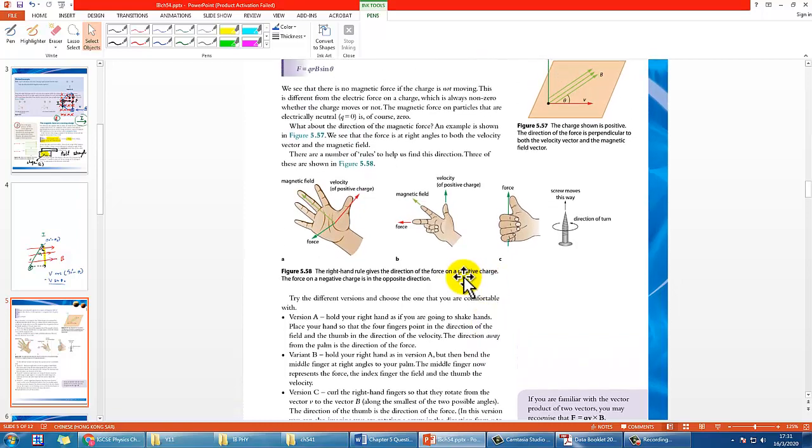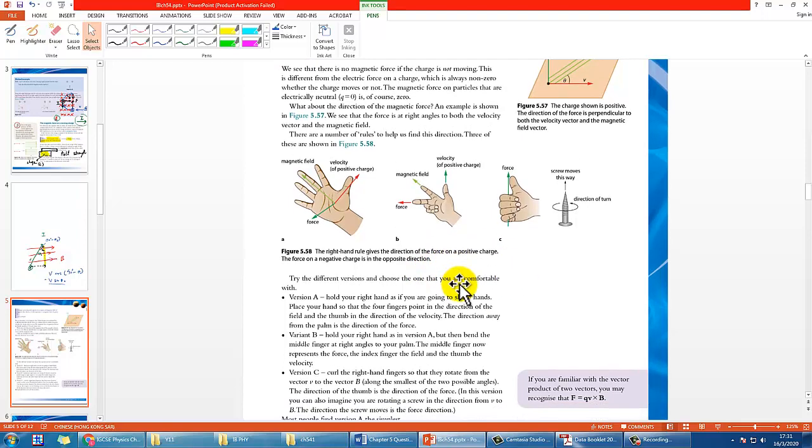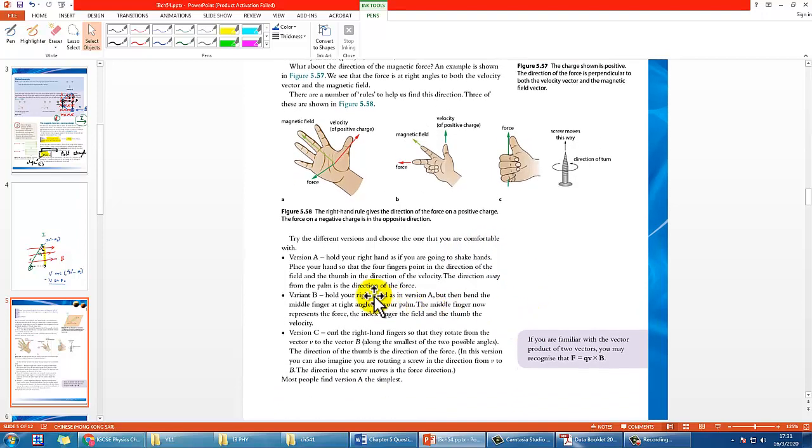I know later on when we talk about the right hand Fleming rule, some people will try to use the same hand. Instead of left hand and right hand, they use the same hand to deal with all situations. That is also possible. But since you have learned it in year 10, I would recommend you simply stick with that. Otherwise, you may find it confusing and you may make mistakes.